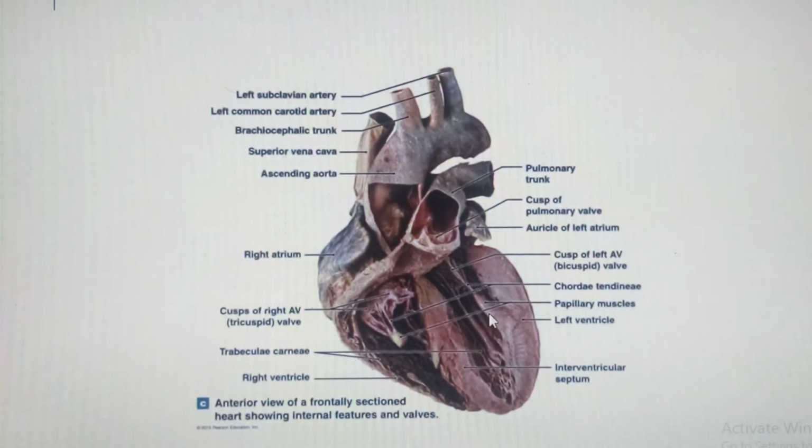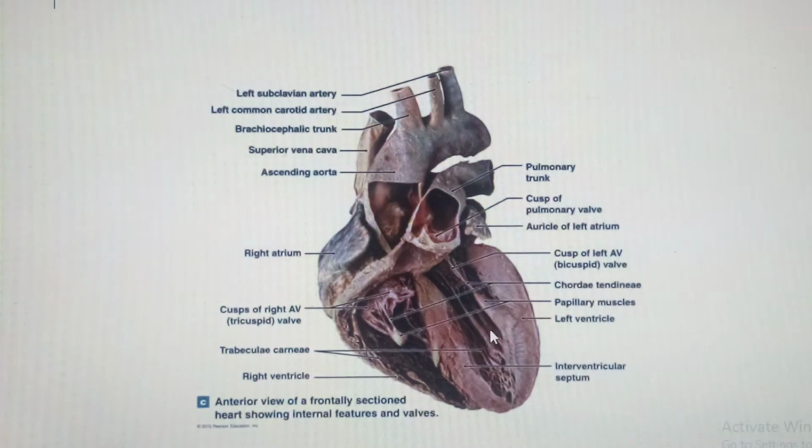We can also divide its internal aspect into an inflow part and an outflow part. Just like what we saw in the case of the right ventricle, this inflow part will be roughened by what we call the trabeculae carneae.